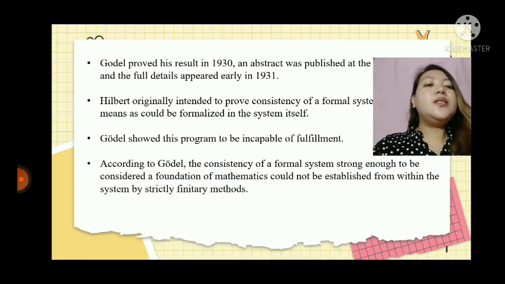According to Gödel, the consistency of formal systems strong enough to be considered a foundation of mathematics could not be established from within the system by strictly finitary methods.